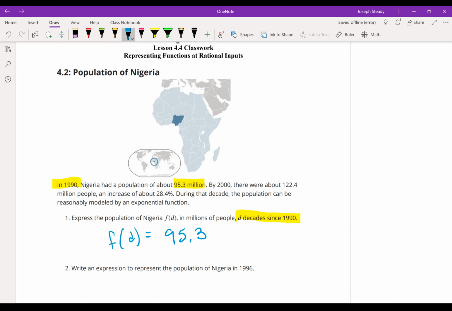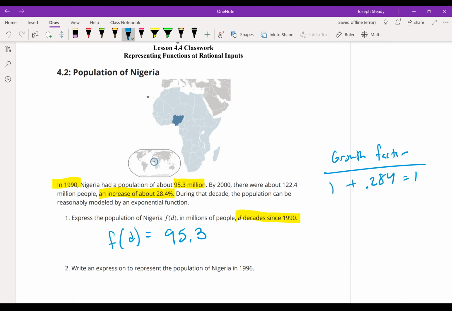That's my starting value. And then they also tell us that over the next decade, the population goes up, and specifically it goes up by 28.4%. Now we've looked at this before. If I want to find my growth factor, I can do 1 plus that growth rate, 0.284.